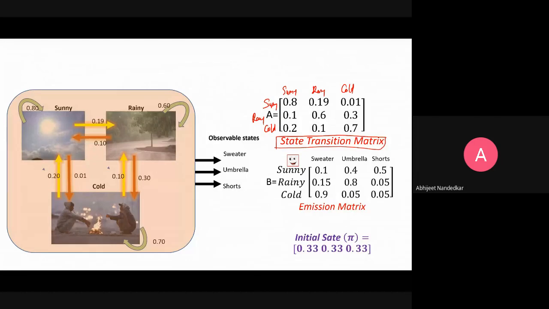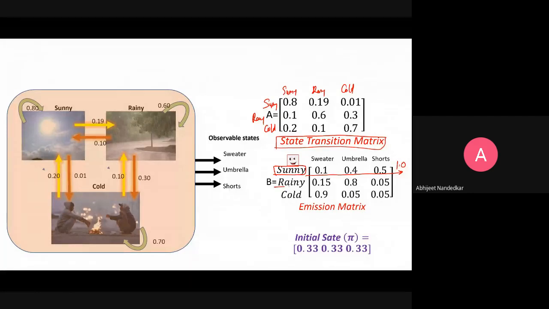Now, given a sunny day, suppose the status of the system is sunny, then wearing a sweater, the chance is 0.1. Coming with an umbrella is 0.4 and wearing shorts is 0.5. These are the probabilities when the day is sunny. So again, the sum of this row must be 1.